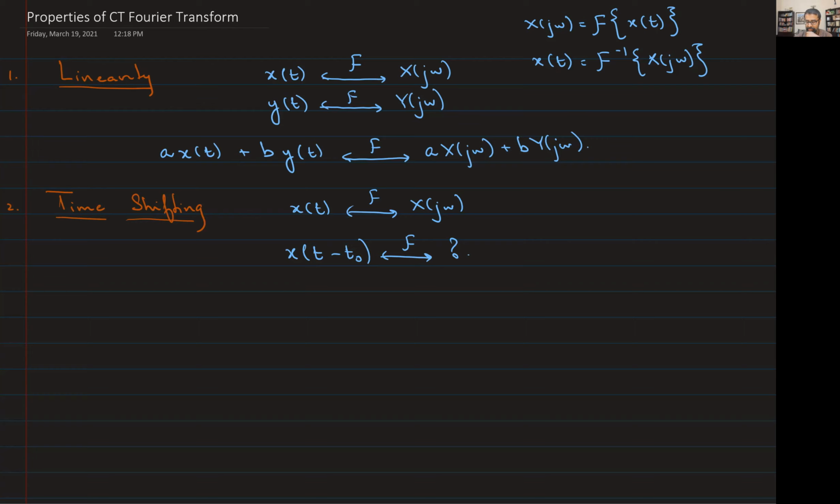Let's call that Y of j omega. The question we want to answer is, how is Y of j omega related to X of j omega? What is that relationship?